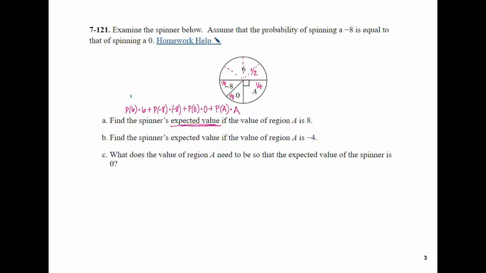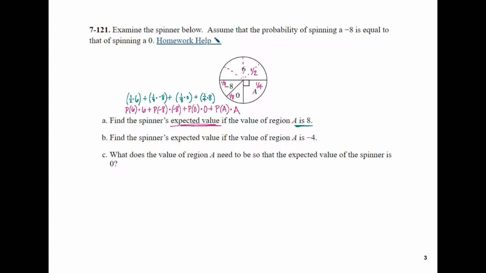So if we take 1/2 and multiply that by 6, we're going to add that to the probability of a -8, which is 1/8 times -8, plus P of 0 is also 1/8 times 0. And then the probability of section A is 1/4. And in this case, they wanted our A to represent 8.